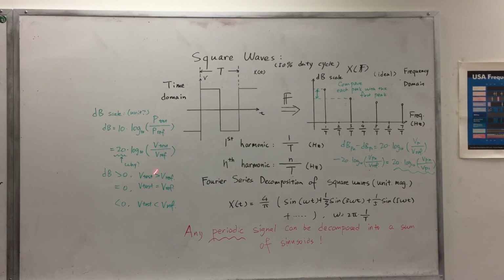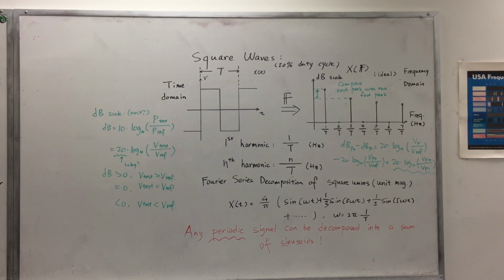From this equation, you can immediately tell that if you have a dB number greater than 0, that necessarily means your test voltage is bigger than your reference voltage. Following similar logic, if it's smaller than 0, then Vtest is smaller than Vref. If dB is equal to 0, then Vtest is exactly equal to Vref.